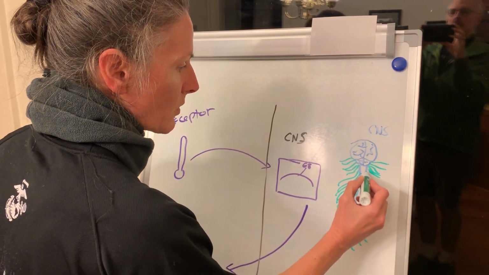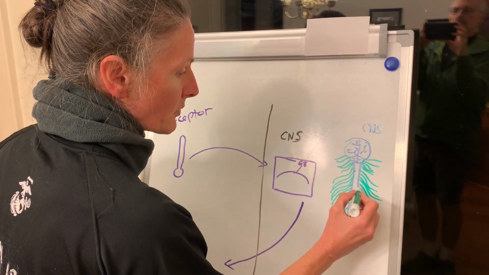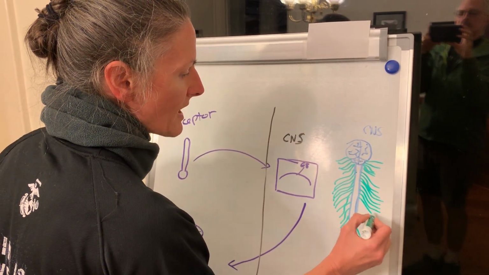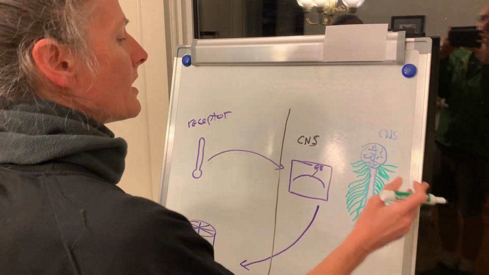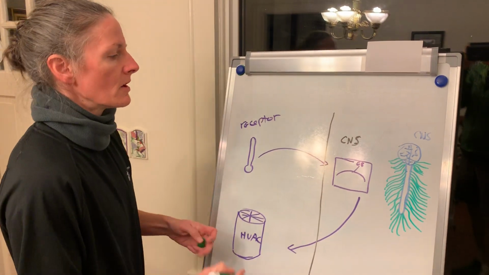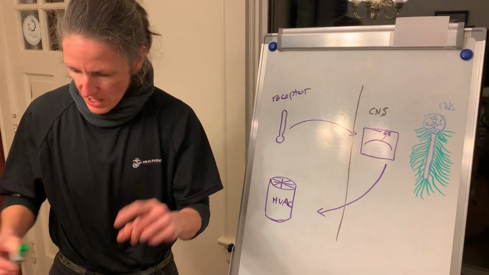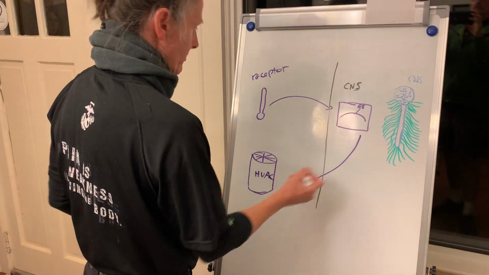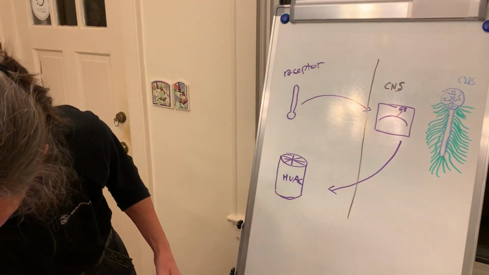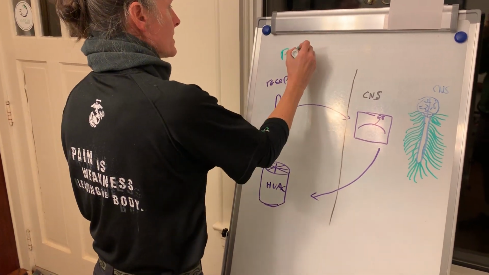And these are what are going to bring information from the receptors in the body about the external environment to the central nervous system, and then be issuing commands from the central nervous system to the effectors, such as your skeletal muscles. So in our analogy, this would be our peripheral nervous system out here, our PNS.